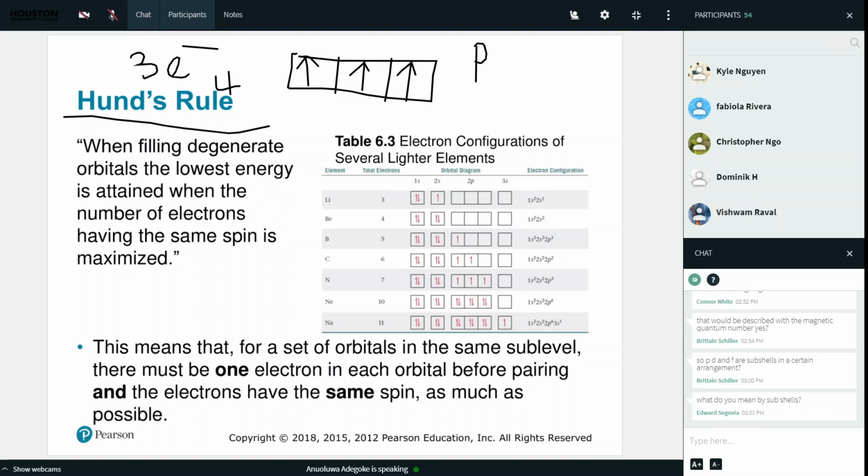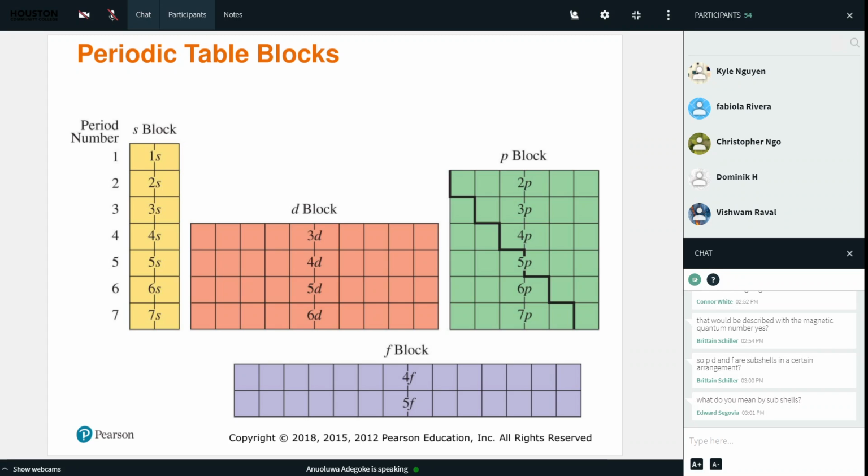I will first place them singly. Did you see how I place everything singly? Then I come back in and pair it up. So this is how we place electrons. According to Hund's rule, you place them singly facing the same direction before you come back and start pairing up.